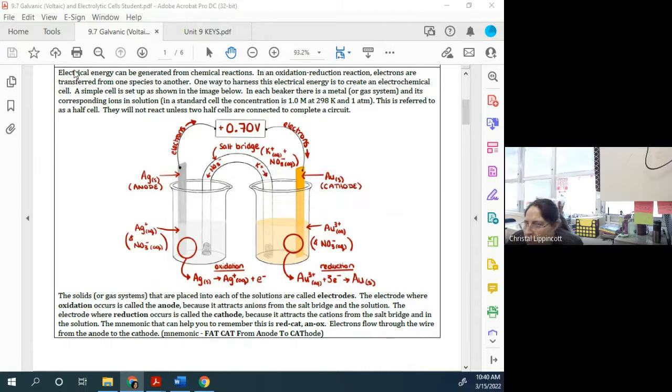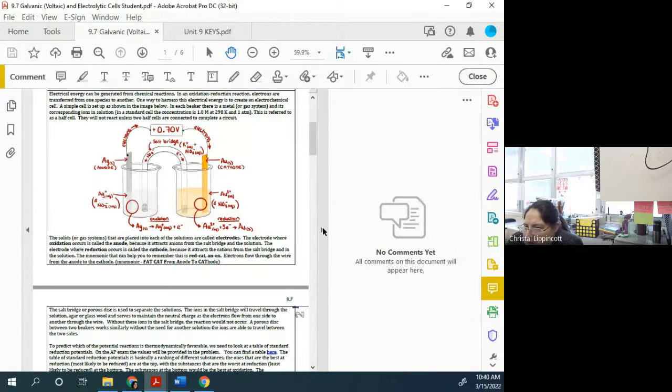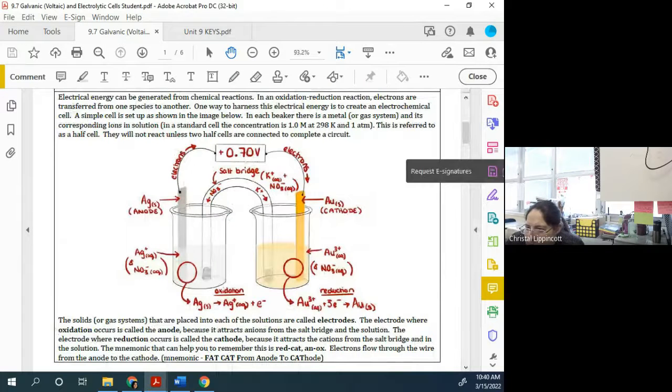So electrical energy, electricity, can be generated from chemical reactions. And it's these redox, or oxidation-reduction, reactions where that occurs. Electrons are going to be transferred from one species, one metal or one item, to another metal.